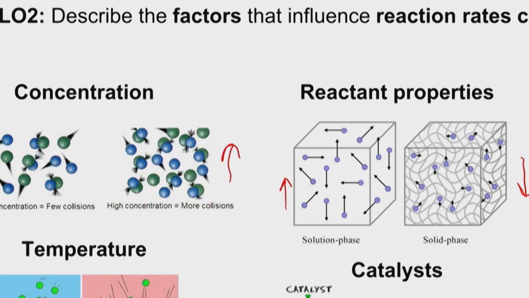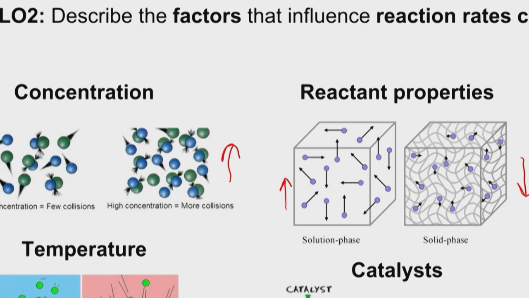If they're bouncing around very speedily, the chances that they run into somebody in the correct orientation goes up, right? The faster the particles are moving around. So that means things that are cold and slow, these particles move slower, and that means they're going to have a slower reaction rate in colder temperatures.